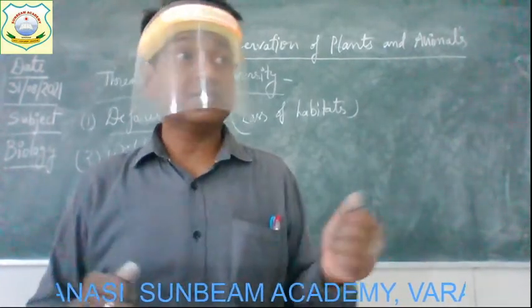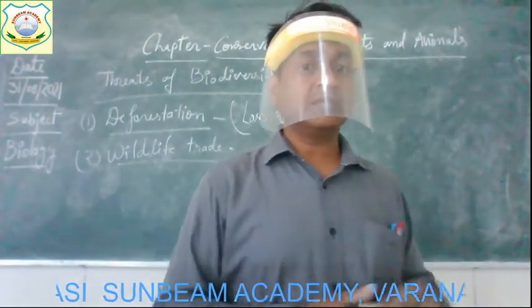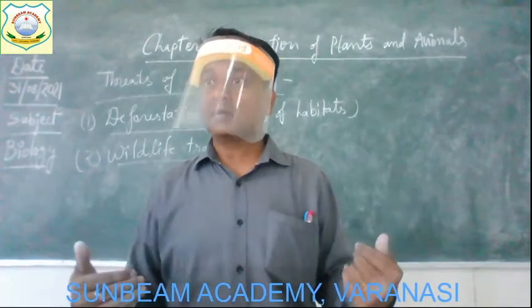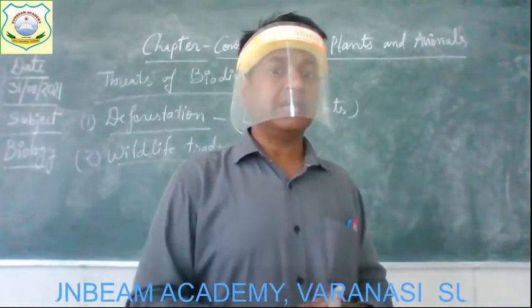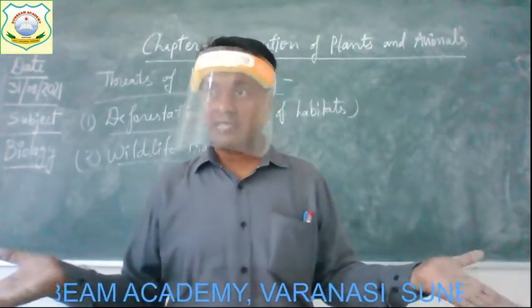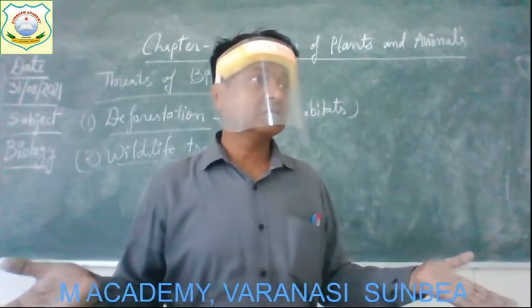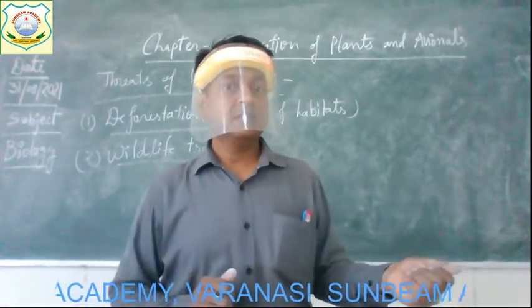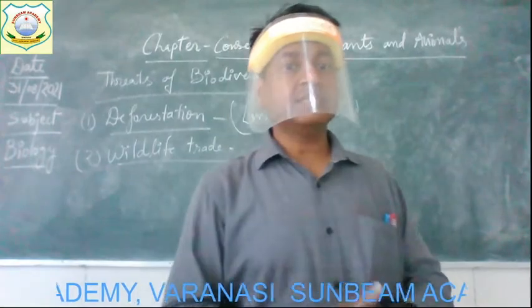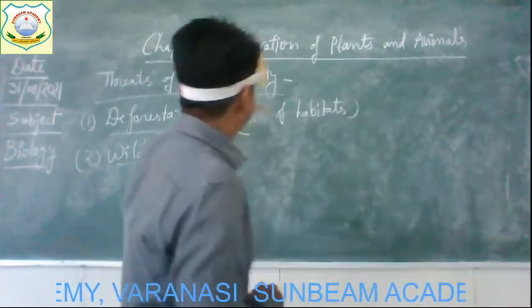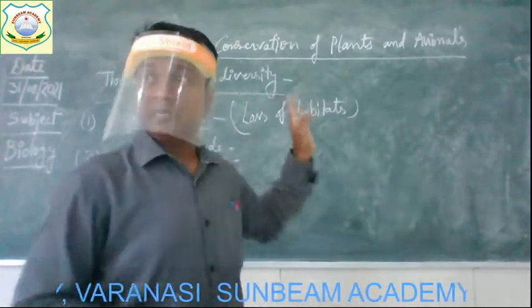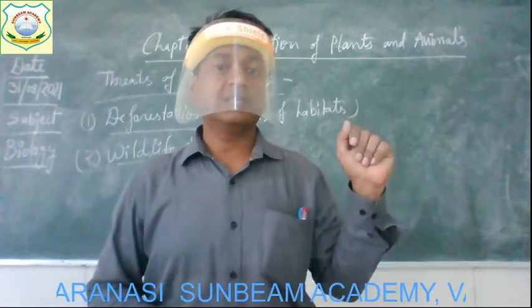A parrot is an exotic bird, meaning it is found in our country especially, and it is traded. And the parts of animals, as I have already told, bones, teeth, skin. So these all are the reasons because of which our biodiversity is under threat.